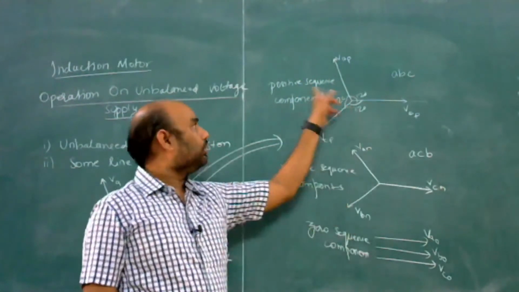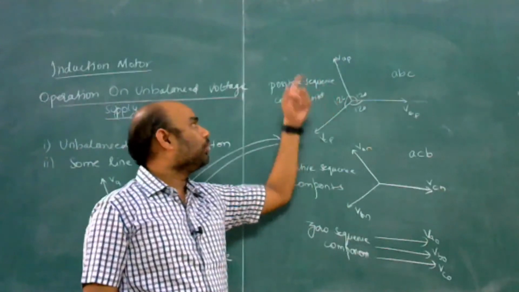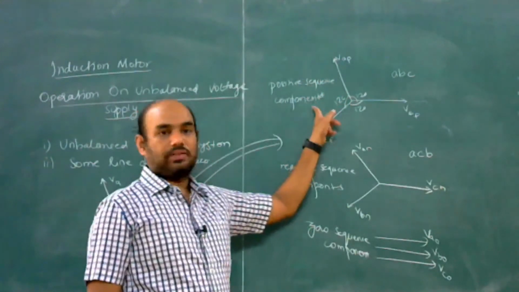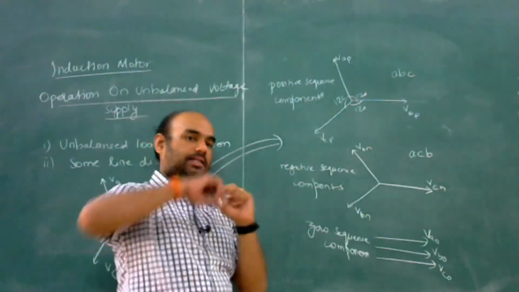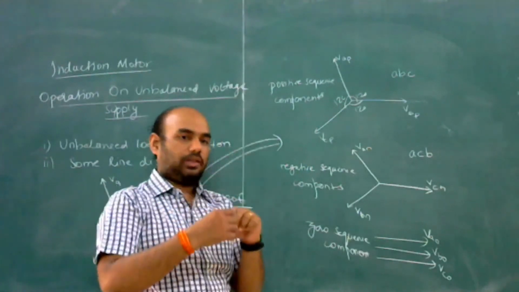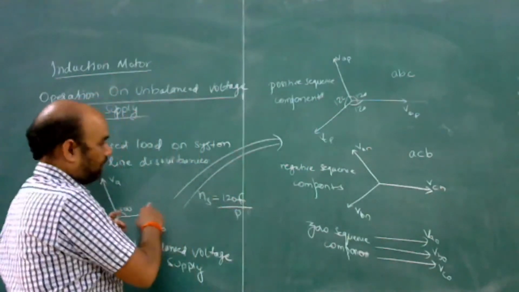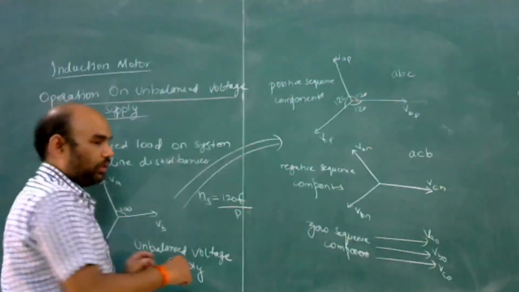The field produced by the positive sequence component will be in the same direction as the field of the unbalanced voltage supply.